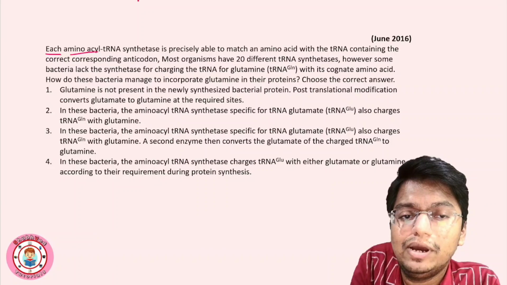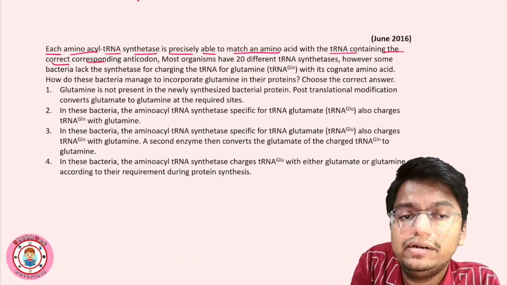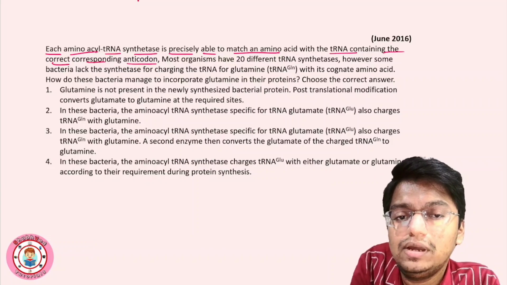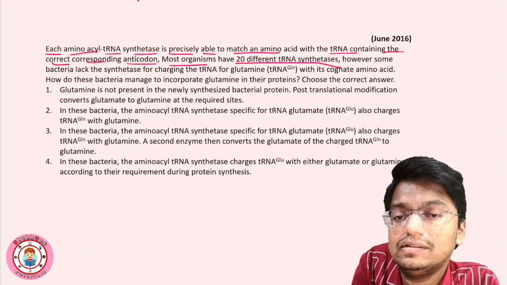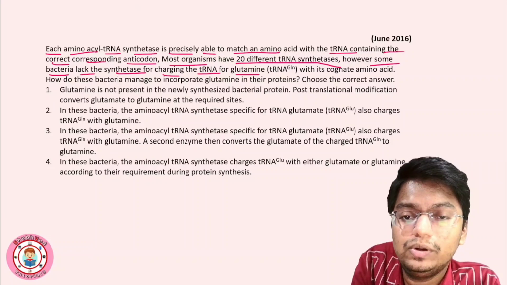Each amino acyl tRNA synthetase is precisely able to match an amino acid with the tRNA containing the correct corresponding anticodon. Okay, most organisms have 20 different tRNA synthetases. However, some bacteria lack the synthetase for charging the tRNA for glutamine with its cognate amino acid.